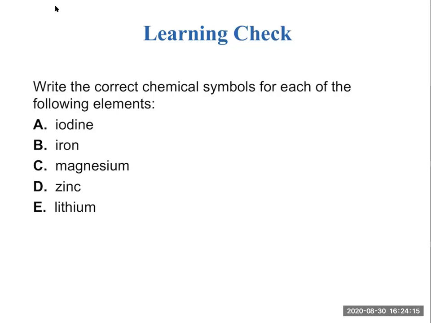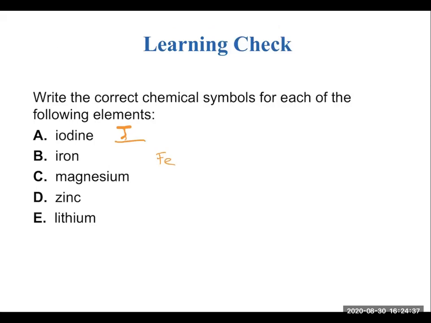They're asking you for the correct symbol of iodine, and you will know that it's capital I. Iron is Fe. Magnesium, zinc, and lithium. Usually when I give you this, I'm also going to give you the answers, but it's very important that you try to do it on your own.